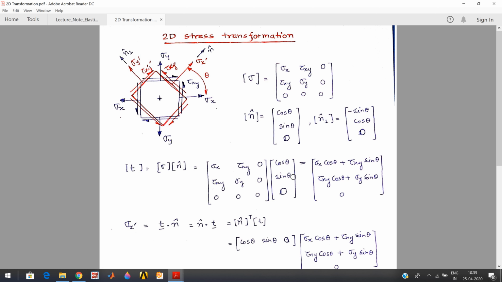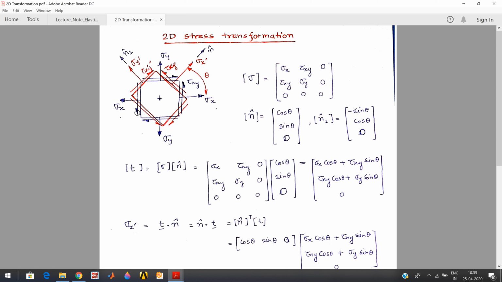And I will show you how this tensorial approach can be applied to get the same expressions. So let us go through this additional PDF, which I can also send you.